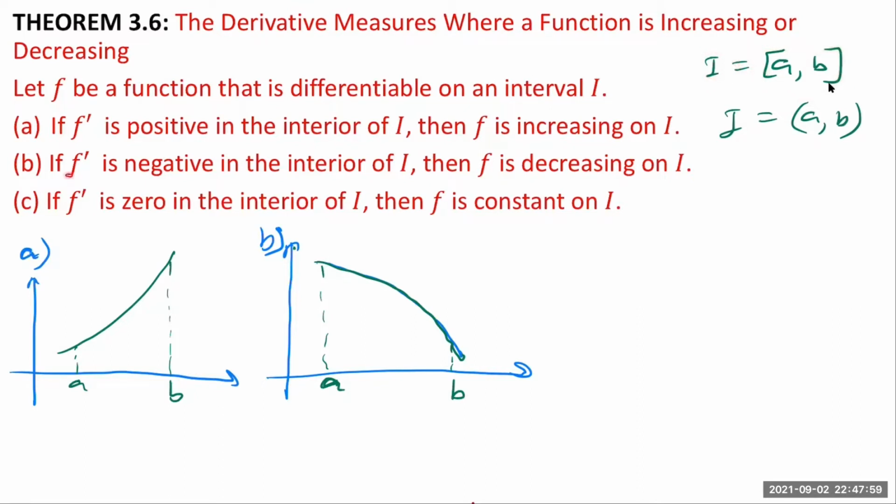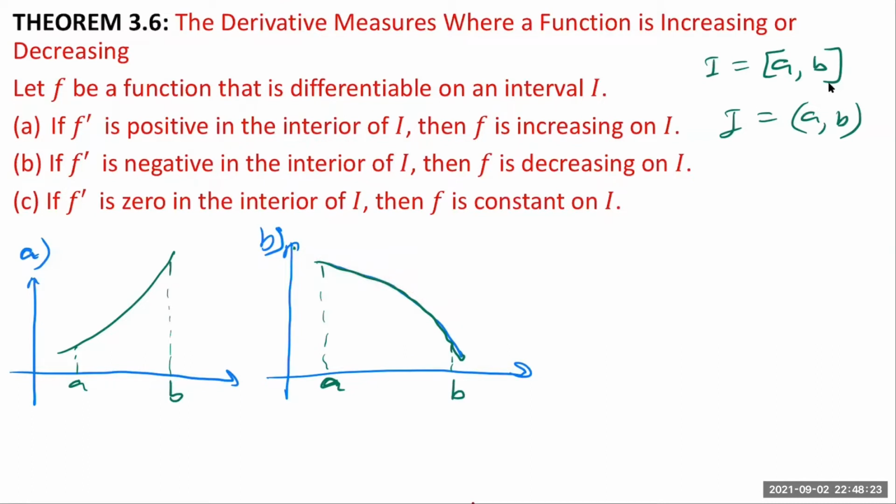In that interval, if I want my f prime to be negative, your graph should look like this. As you can see, on this graph, everywhere, the slope of the function f of x is negative, because if you draw the tangent to any point on the graph, that tangent has a negative slope. That means f prime is negative.